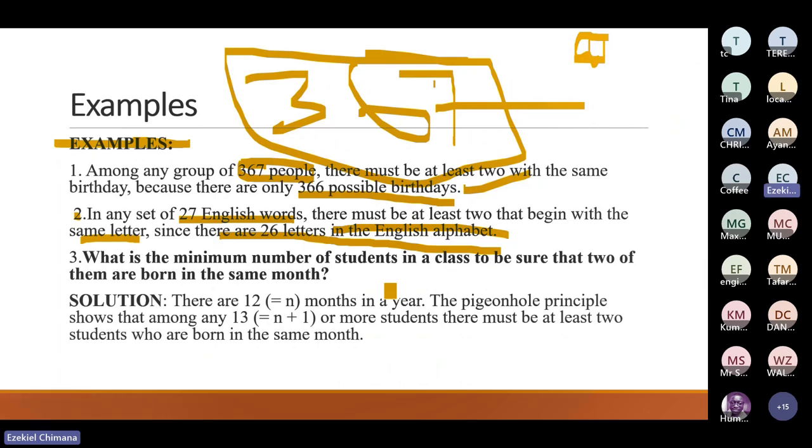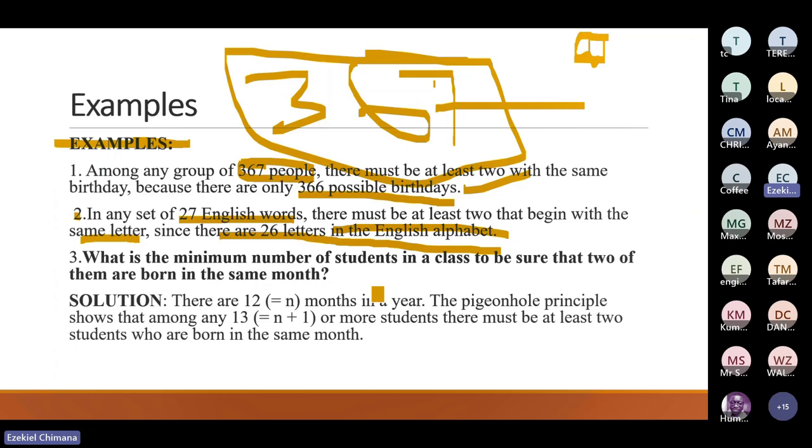So for you to have that possible scenario of having two students sharing the same month, we need more than 12 students, by just placing student 1 maybe on January up to student 12 on December. So the 13th student will always occupy any month from January to December.